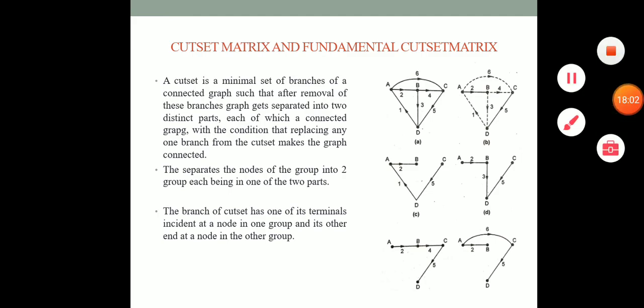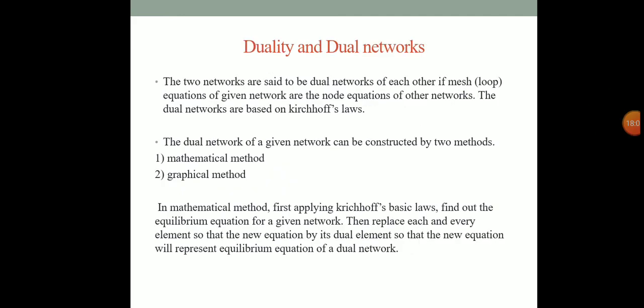Now, finally, duality and dual networks. Two networks are said to be dual networks of each other if the mesh loop analysis equations of one network are the same as the node equations of the other. The dual networks are based on Kirchhoff's voltage law and Kirchhoff's current law.